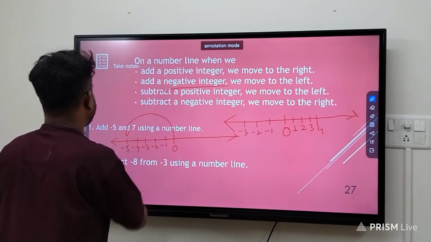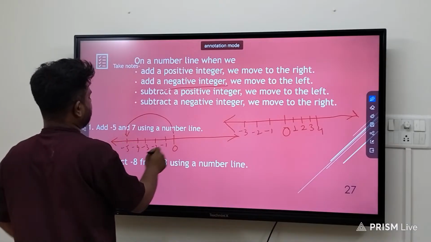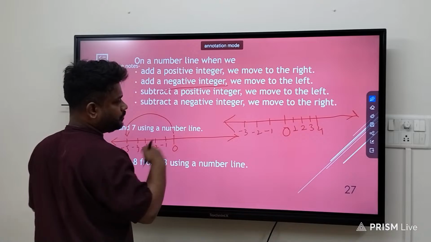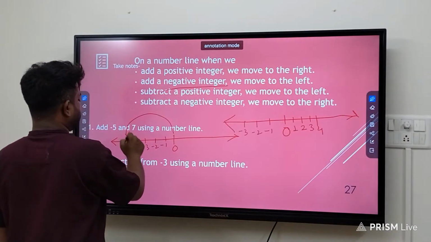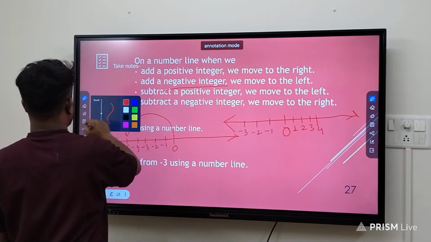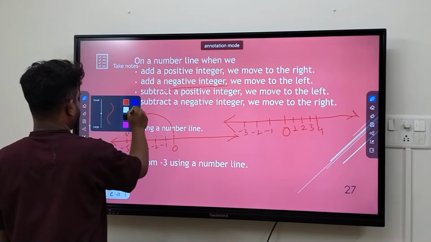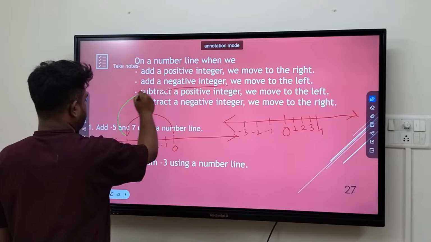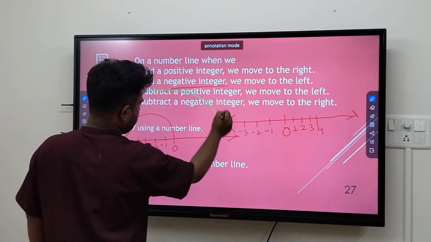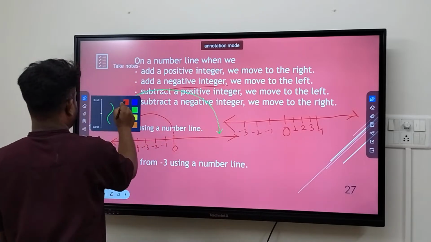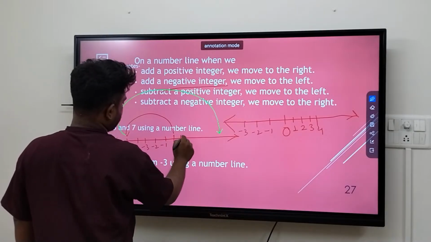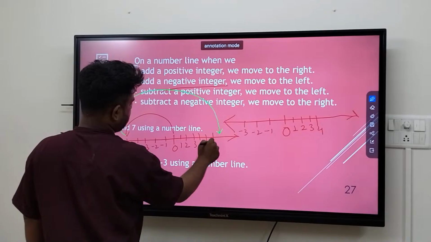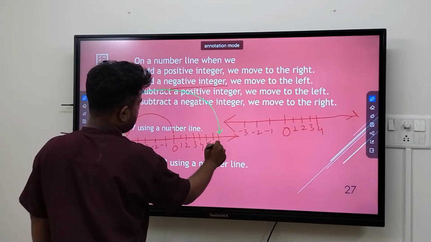Then we also have to go 7 places from here, and because of adding we have to go to the right. So from here we have to go like this and write down the numbers 1, 2, 3, 4, 5, 6 and 7.